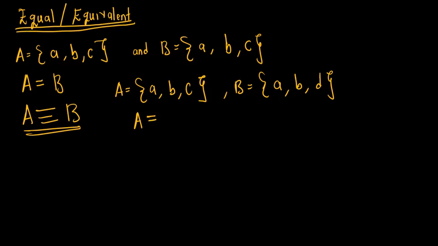A is not equal to B. Why? Because what is in A is not what is in B. Take note of that. It's very, very important. These concepts really help you understand more about sets.